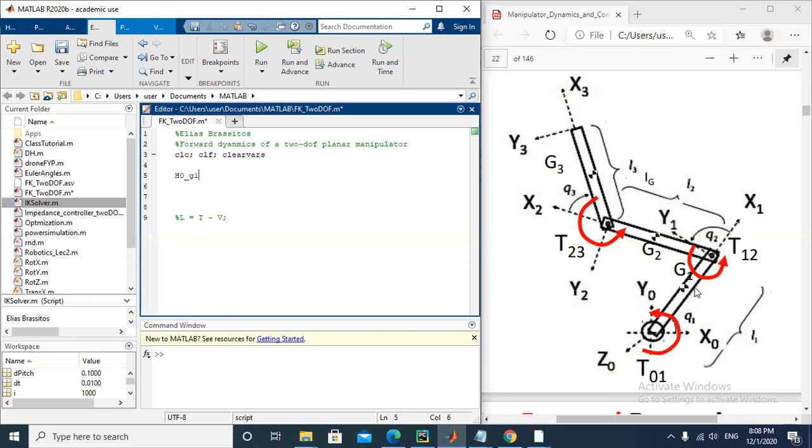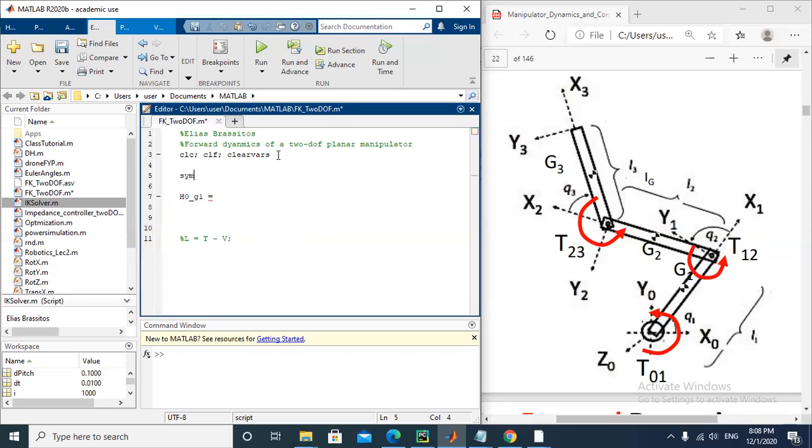This is a frame that ends at point G1, just like X1, Y1. I can use the frames to obtain the position of point G1. Or if you want to quickly look into it, X of G1 is equal to L1 over 2 cosine theta 1.